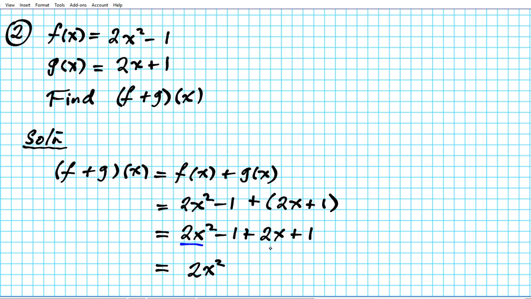And then we have the first degree term, positive 2x. Bring that down, plus 2x. There's nothing to be combined with it. And then lastly, we have negative 1 plus 1. They're opposites, so negative 1 plus 1 is 0. So this, ladies and gentlemen, is our final answer, f plus g of x.